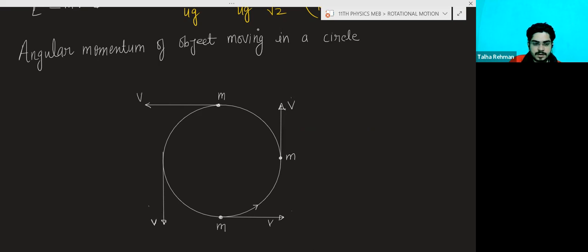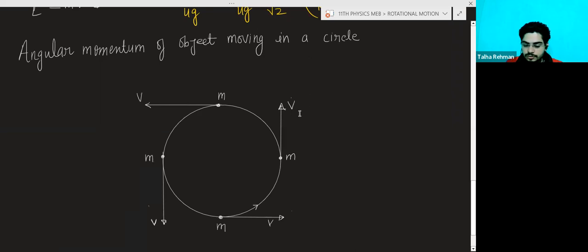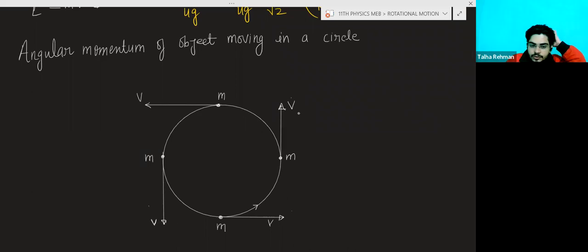This is mass m, and this is the center of the circle about which the particle is moving.